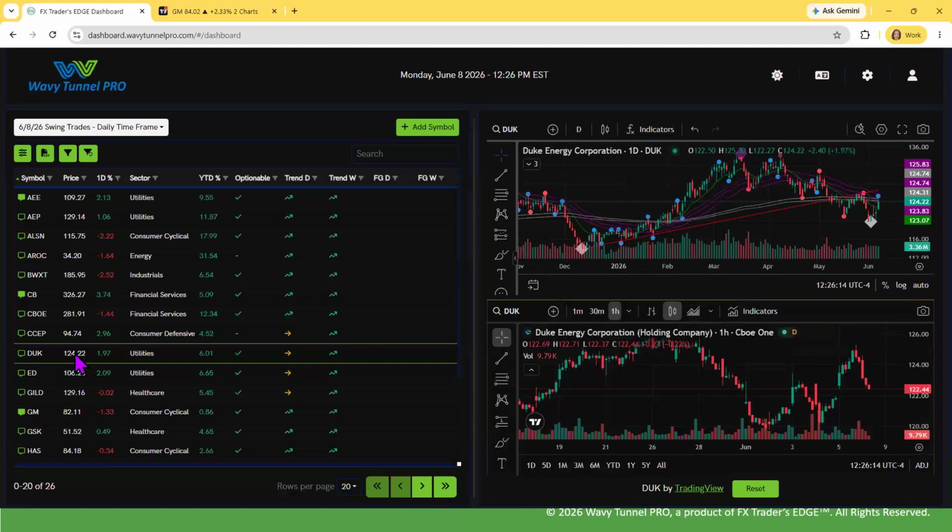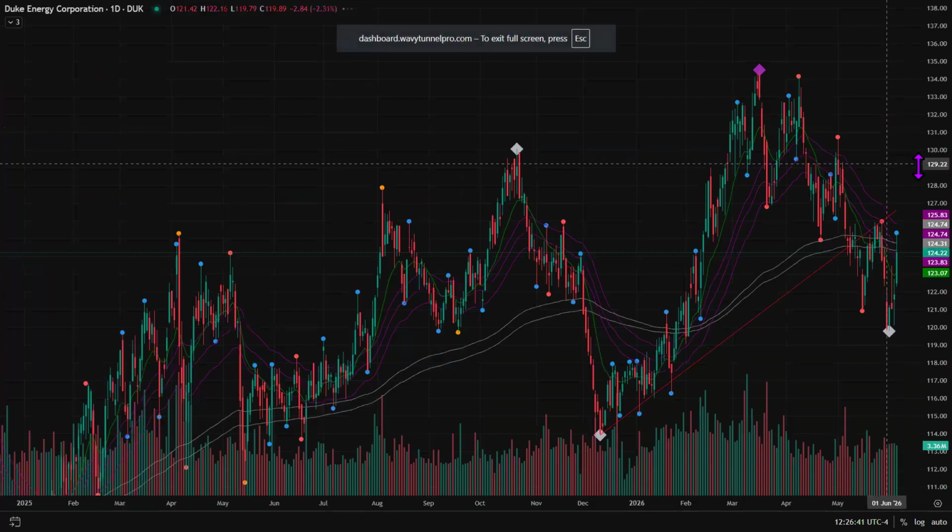The next one is Duke Energy. So the yellow daily trend is sideways, meaning the wave is in the tunnel. Right, the wave is in the tunnel. Yeah, it's not such a strong uptrend. Okay, maybe I can just open this up to see.